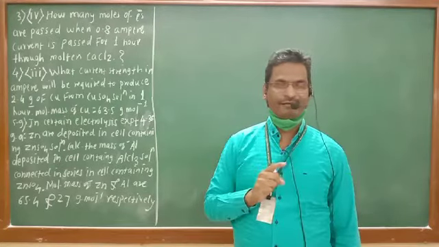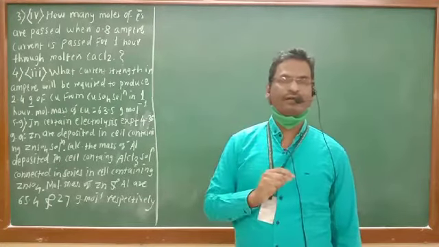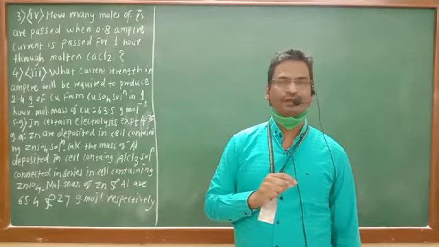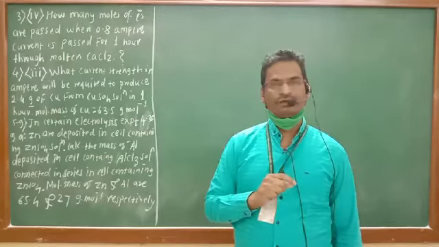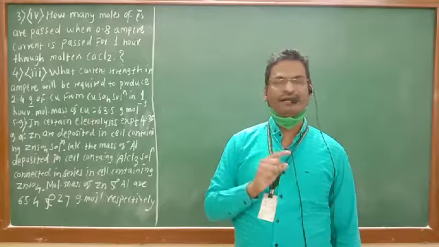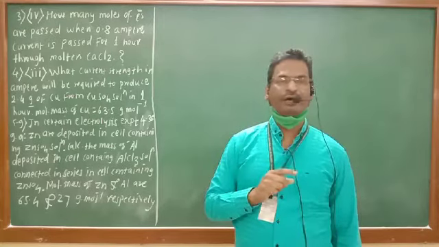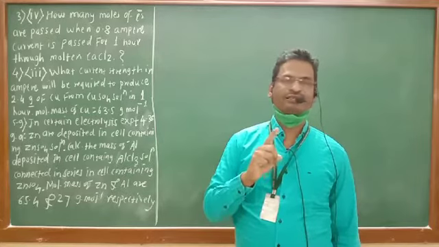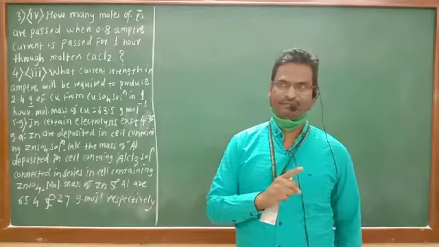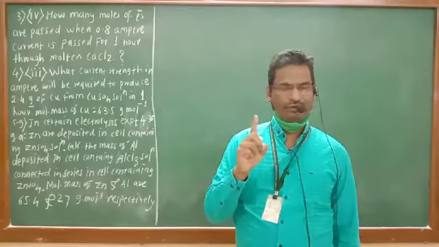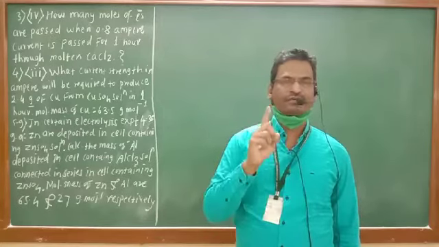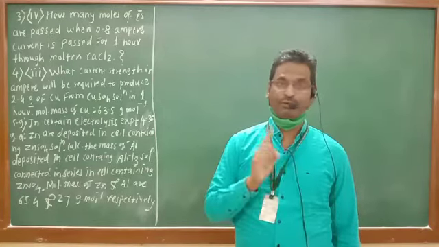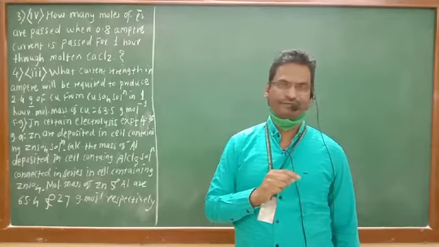We know Coulomb is the smaller unit of electricity, and Coulomb is the quantity of electricity whenever 1 ampere current strength is passed through a certain point for 1 second. 1 ampere, 1 second is known as 1 coulomb of electricity. That we know, a small unit of charge.